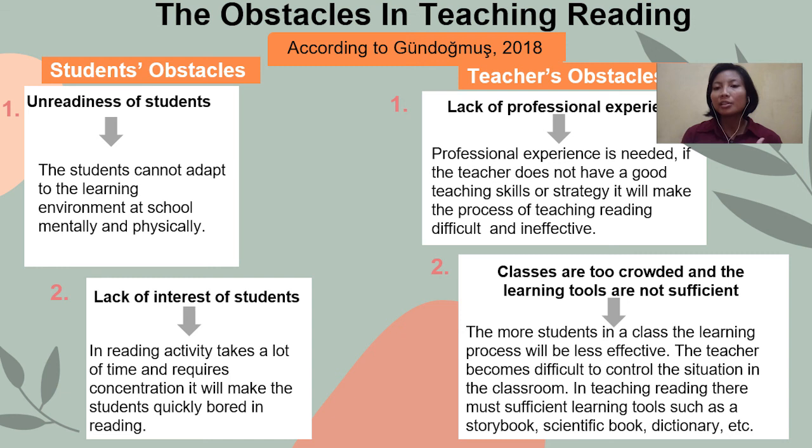So it will cause the students to have less motivation in their learning process, and then it will make the students cannot improve their reading skill, because as we know, a reading activity needs students' interest, motivation, concentration, and focus.